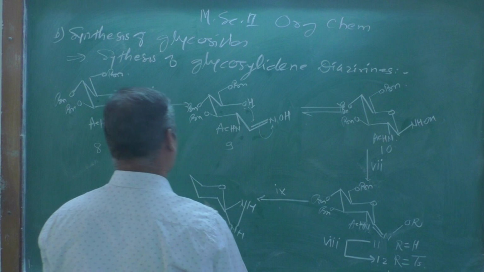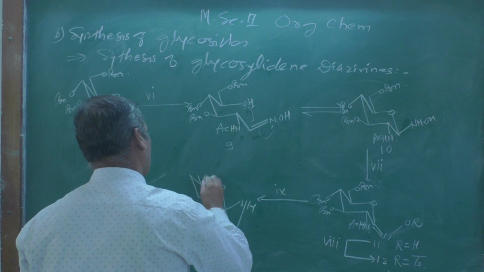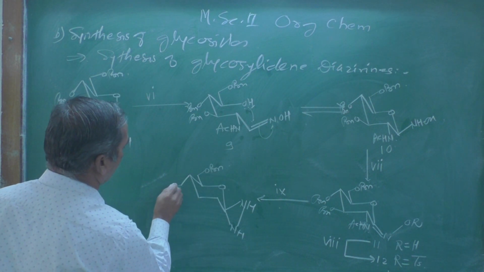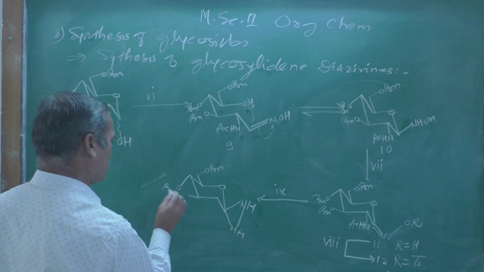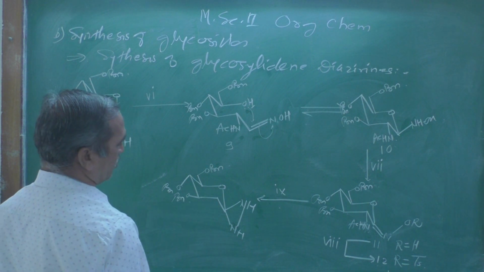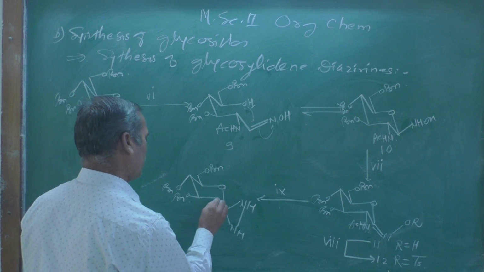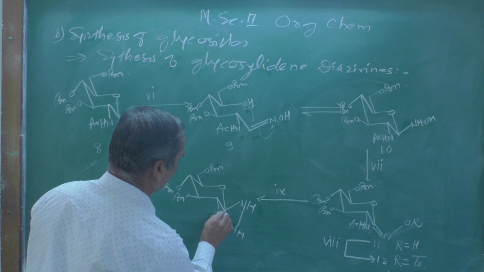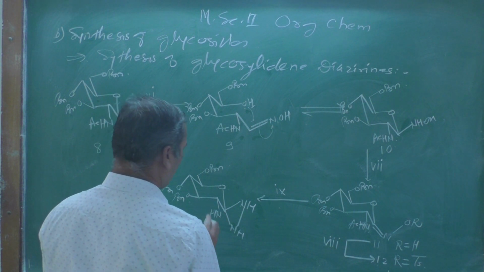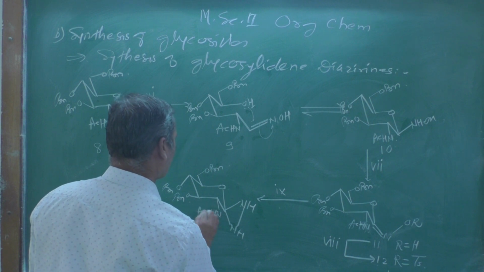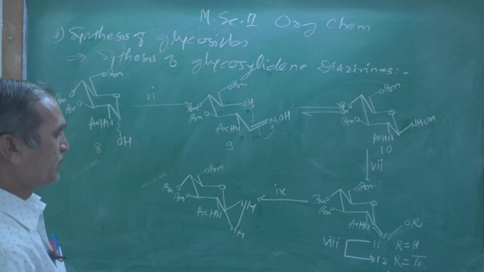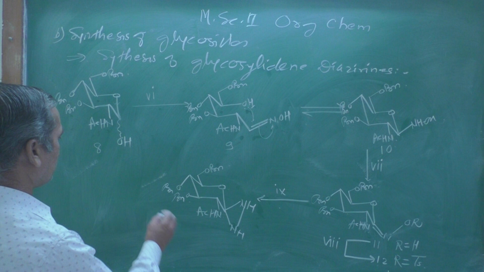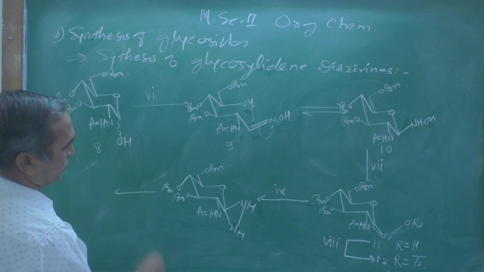And look once again, write down the groups which are already present in that compound. They all are present at the equatorial position, and as we know, at the equatorial position the bulkier group prefers to stay. That is the basic principle you should remember while writing such types of compounds.